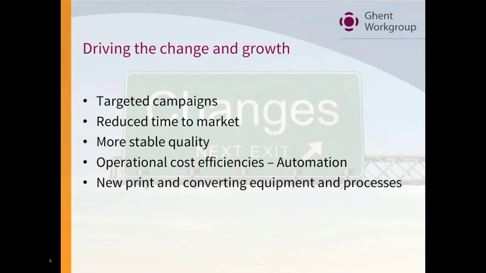So we're going to start to see a lot more campaigns, a lot faster time to market. We're going to get a lot more stable quality, because we're going to start dealing with standardization, and standardization brings stability in terms of quality.